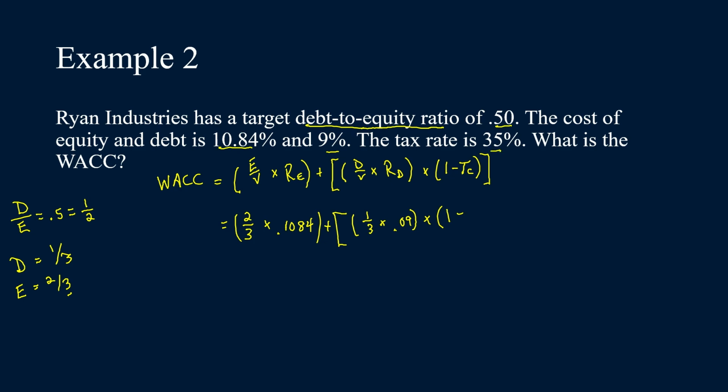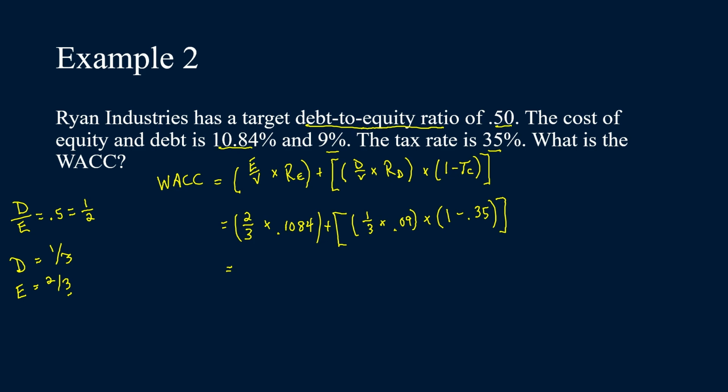And the tax rate is 35%, so 0.35. So now it's just a matter of doing the calculations. So we're going to take 2/3 and multiply it by 10.84, and then add that to 1/3 times 0.09, and then multiply that by 1 minus 0.35.